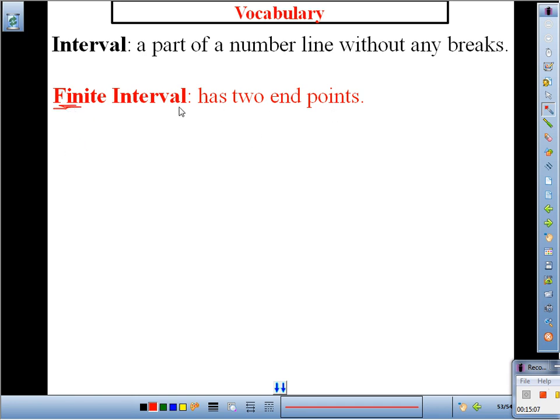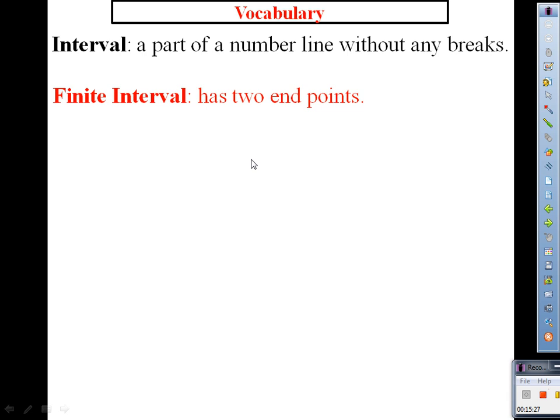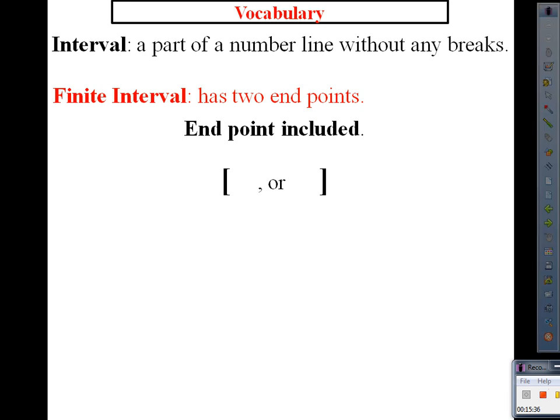That means that an interval that has two endpoints, that means that it stops, is called a what kind of interval? Finite interval. So when I ask you to look at a graph, if it stops at both sides, it's finite. How do we indicate that using symbols? Here it goes. We're going to use brackets to indicate that it ends or that it includes the end.